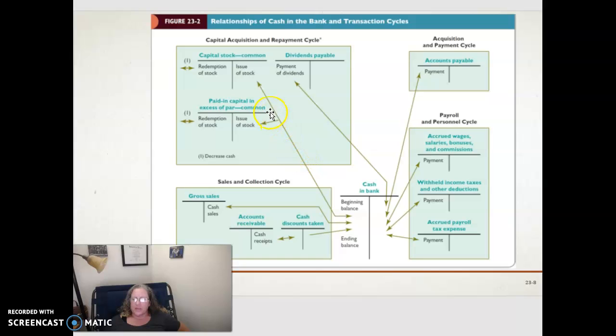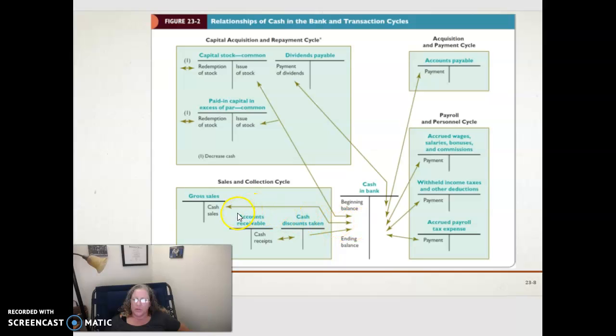And you can see that capital stock, common stock, flows into the cash in the bank. And it actually flows both ways. If they sell stock, they would be flowing cash into the cash in the bank. If they purchase or buy back stock, cash flows back out of the cash in the bank.